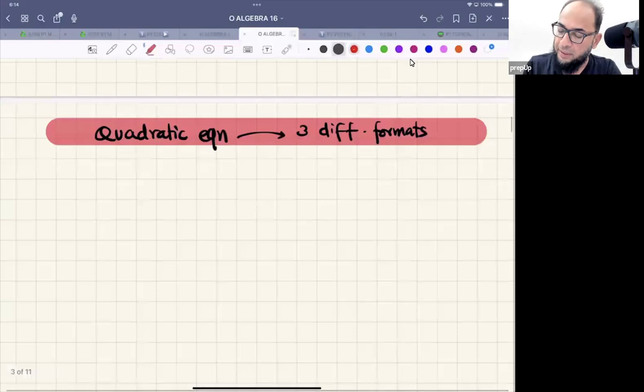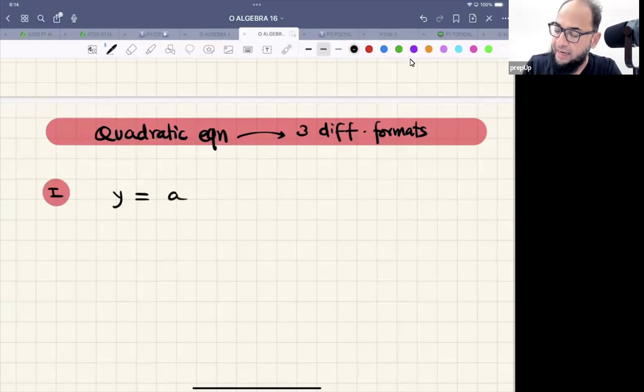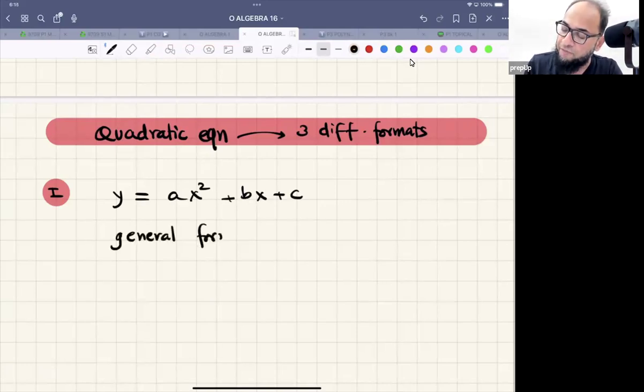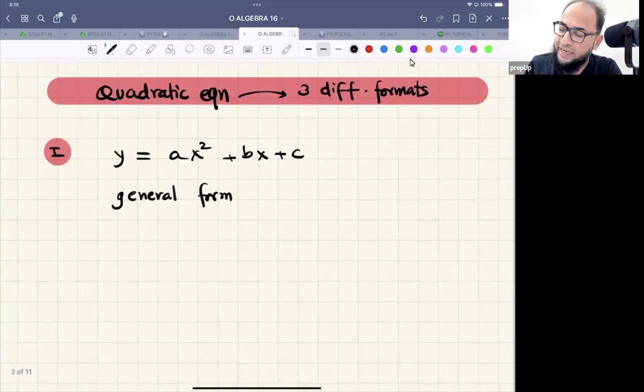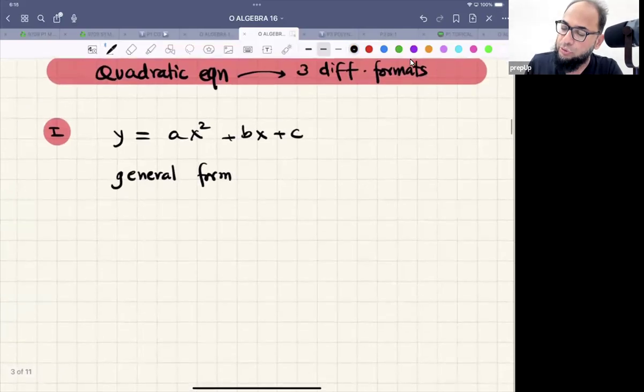The first format that we focus on is y equals ax squared plus bx plus c. This is called the general form of a quadratic equation. What is the usage of this? The usage of this form is in the quadratic formula.